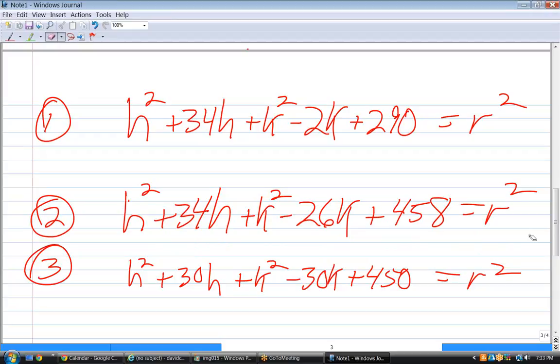And you'll notice that I can do these by elimination fairly easily. What happens if I subtract equation 2 from equation 1? All that's left over is 24k and negative, what is that?